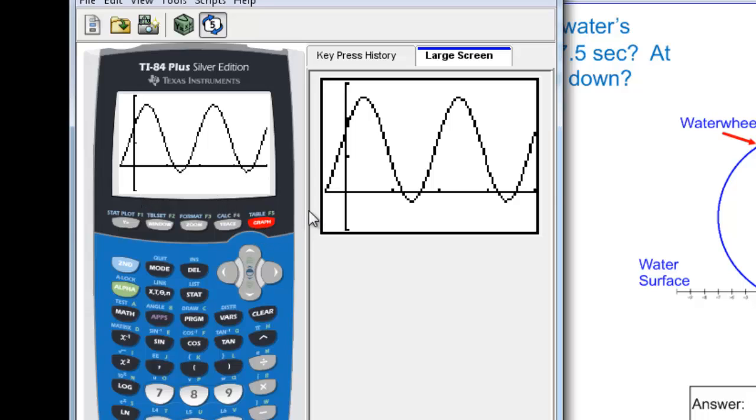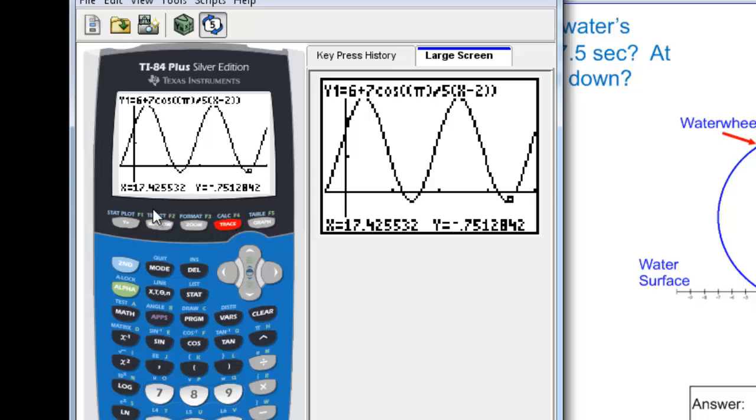To find out where we are at 17.5 seconds, we would need to put 17.5 into the equation, which we can do right here on the graph screen by using the trace button. I can type in 17.5 after I hit the trace button and hit enter, and I can see that I am approximately negative 0.7 feet below the water line, and I'm just past the minimum on my graph.